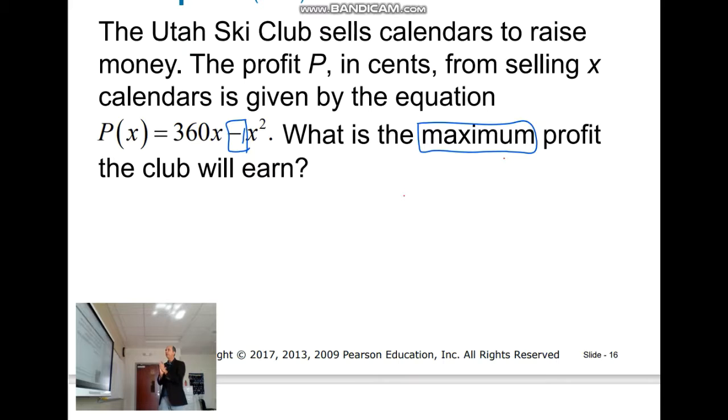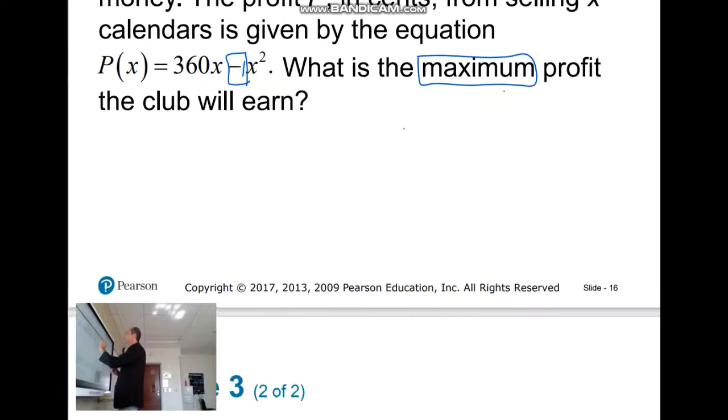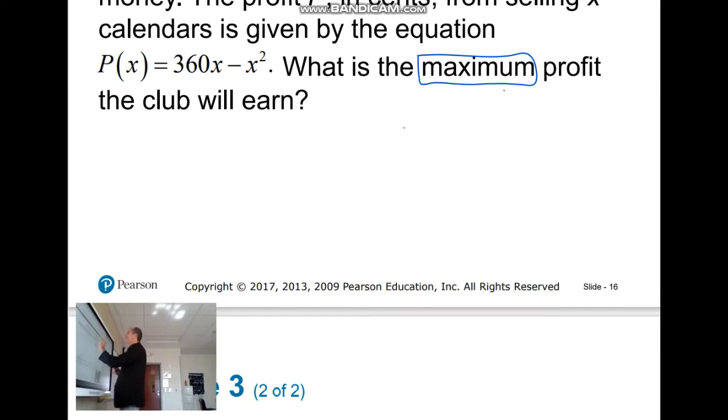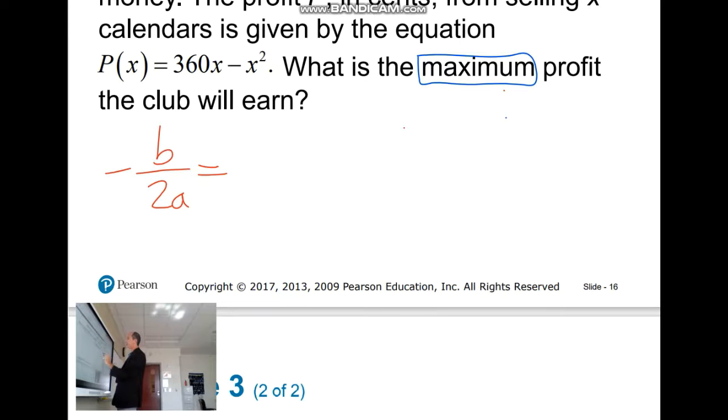The maximum profit is the value of the function, but the first thing that we will find is the x that makes it maximum. The x that makes it maximum is the x coordinate of the vertex, which is given by negative b over 2a.